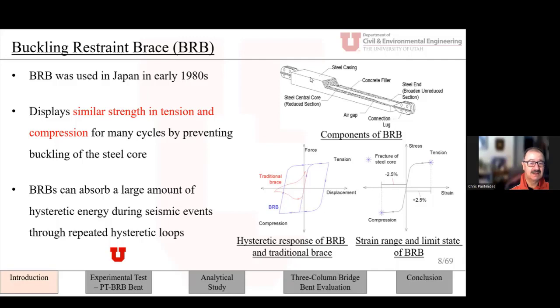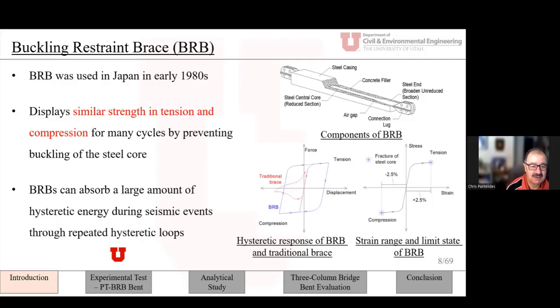And inside the tube, there is a concrete filler. But between the concrete filler and the steel core, there is an air gap. This air gap allows the core to yield both in tension and compression and display similar performance for many cycles, by preventing the buckling of the dog bone, the steel core.